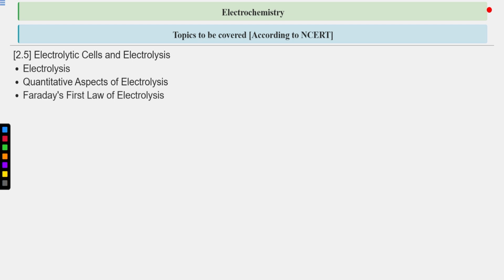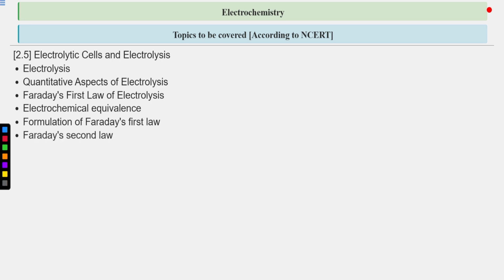Then we will see Faraday's first law of electrolysis, given by Faraday. Then electrochemical equivalence.